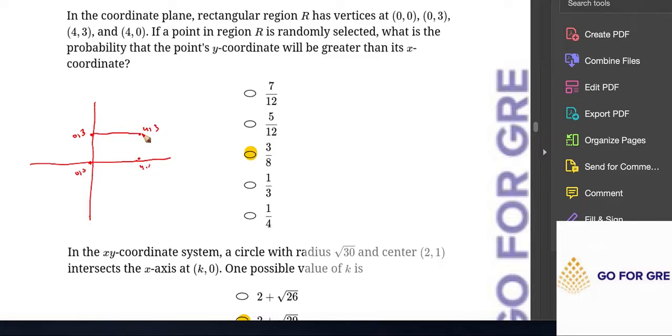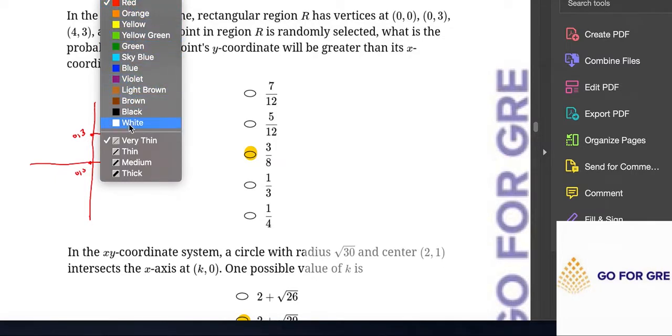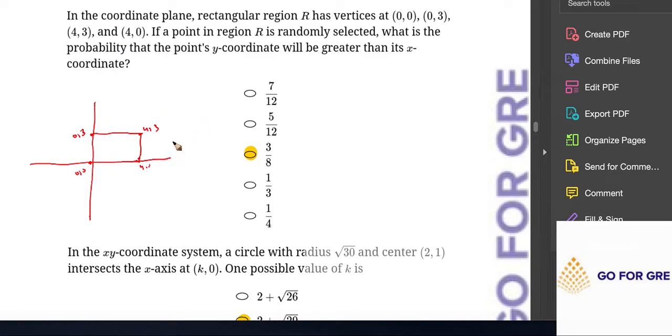So I can draw this rectangle. This is the first step. Now when you practice more questions, you have no need to do this. Here the distance is 4, and here the distance is 3, so my total is 12. The area of the rectangle is 12.